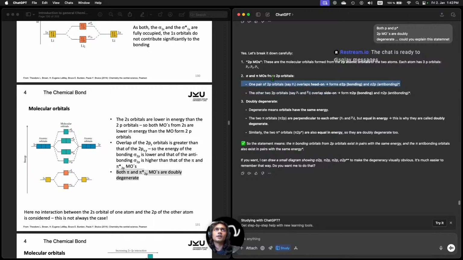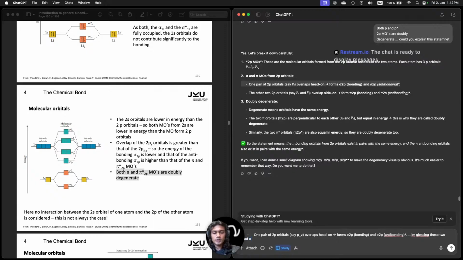So these head on overlaps, I'm guessing, are in the same plane or the same axis of the nucleus of the atoms involved.